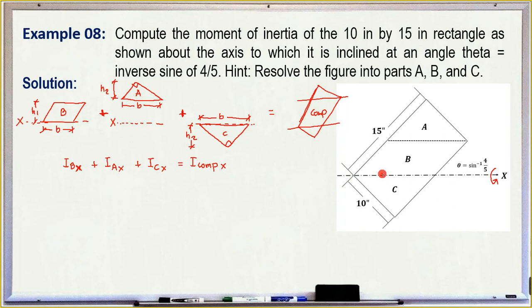Let's say for example, if the area is located below the axis, it does not take a negative sign. For moments of inertia, walay negative, walay positive. Even if below the axis, even if above the axis, it takes a positive sign, because it is about its tendency to rotate.